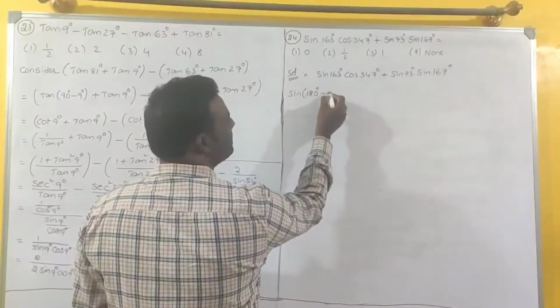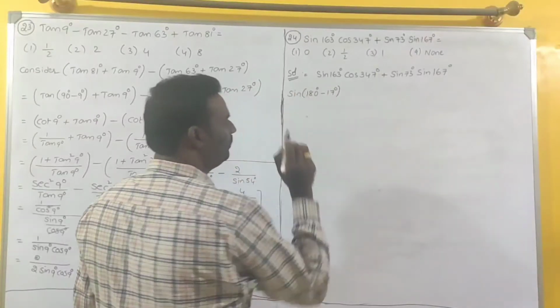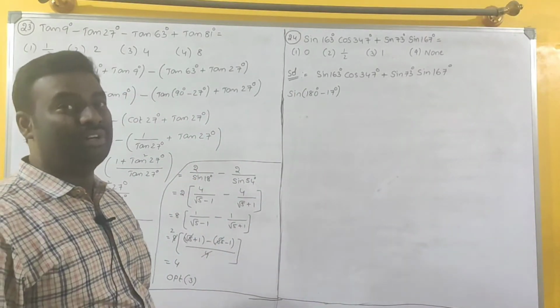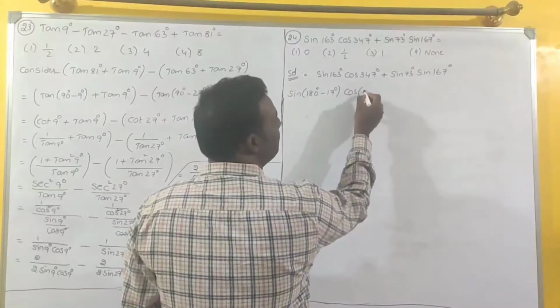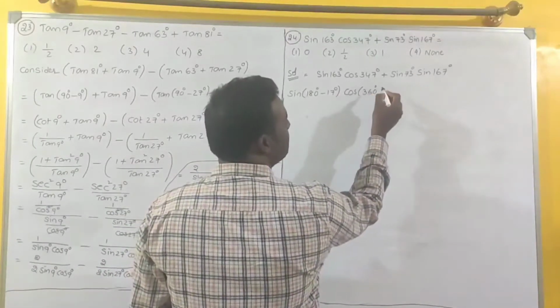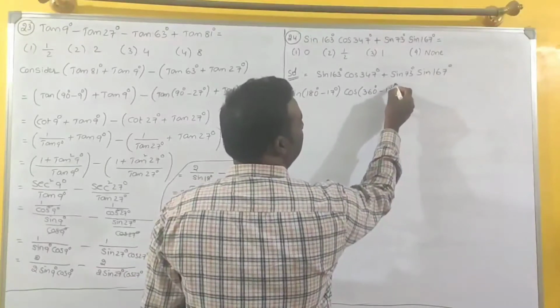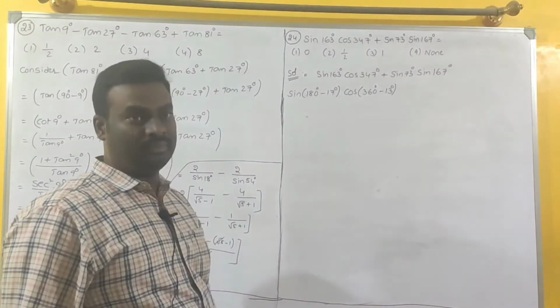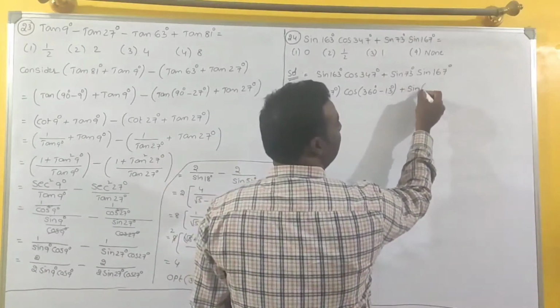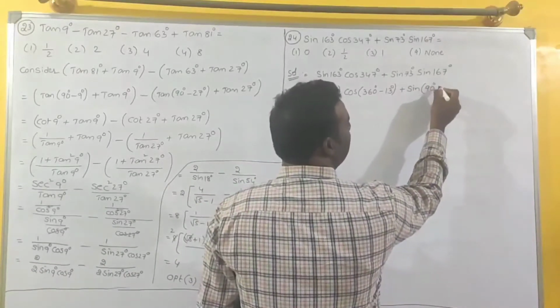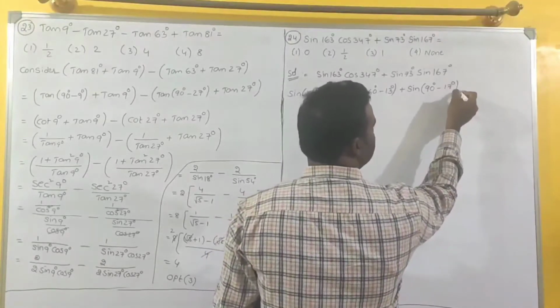Now this 163 can be written as 180 minus 17. 180 minus 17 is nothing but 163. This 347 can be written as 360 minus 13. Again, sin 73 can be written as 90 minus 17.